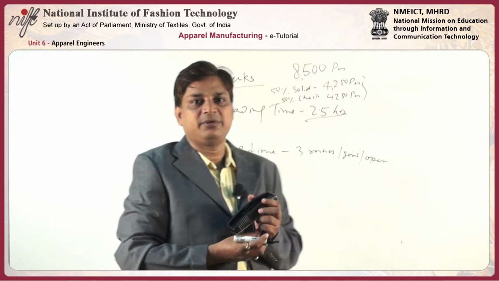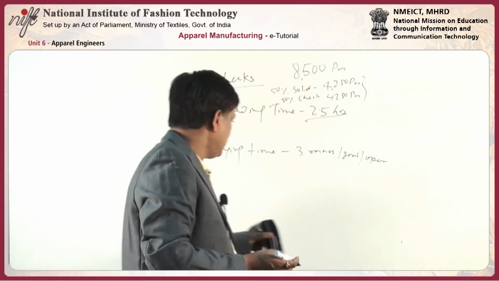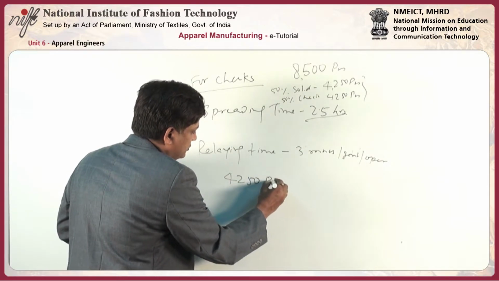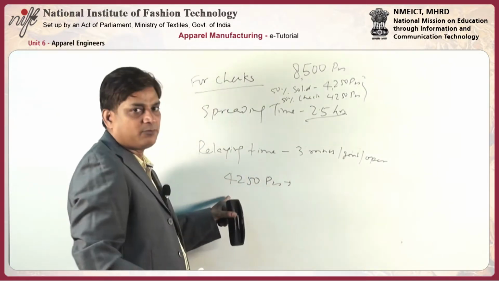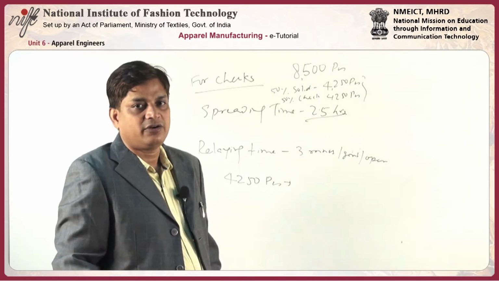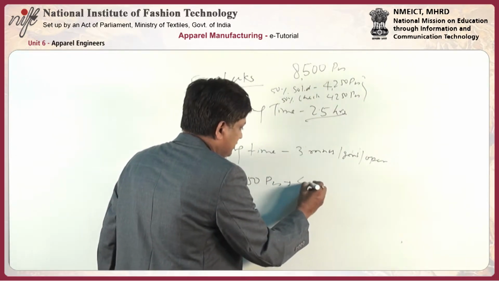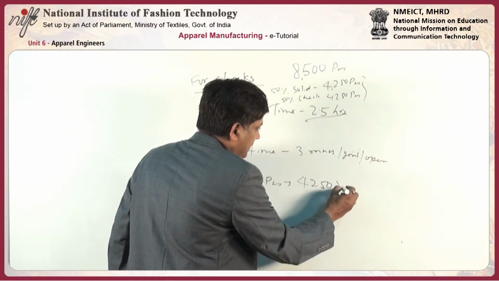So now we have the total time for relaying of these 4,250 pieces of the checks fabric, multiplied by 3.